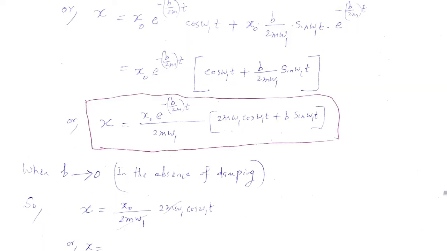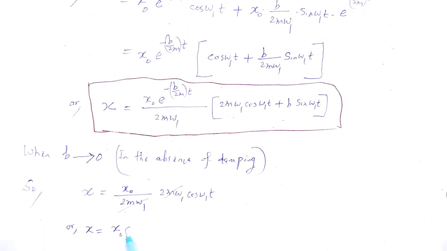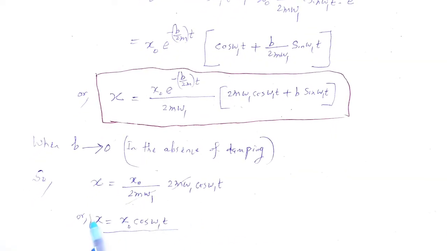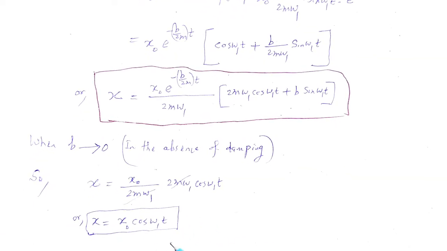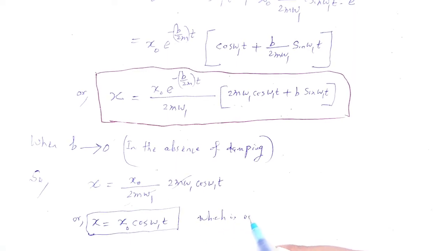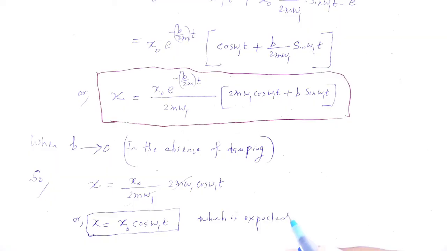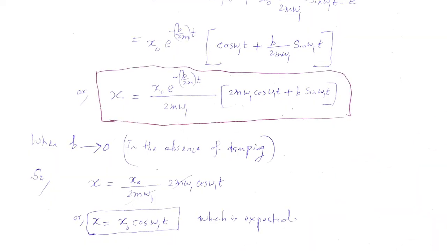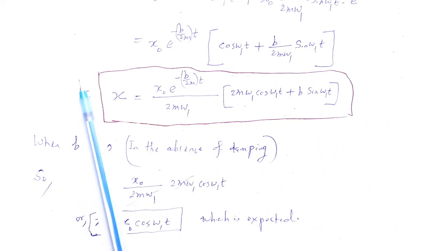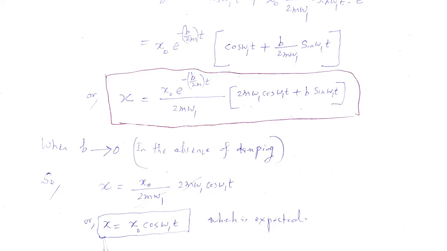We have x is equal to x naught cos omega 1 t, as we expect, which is expected as the solution of simple harmonic oscillator. If there is no damping, then from the expression for damped harmonic oscillator, we can easily reduce to the simple harmonic oscillator equation.